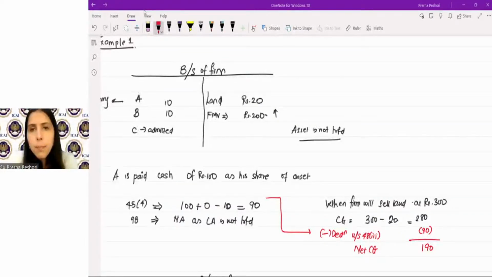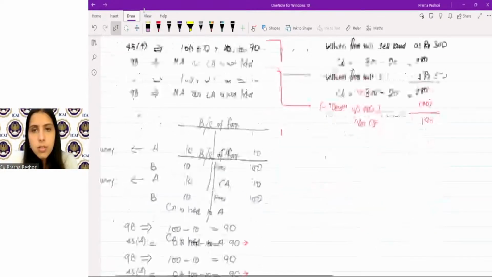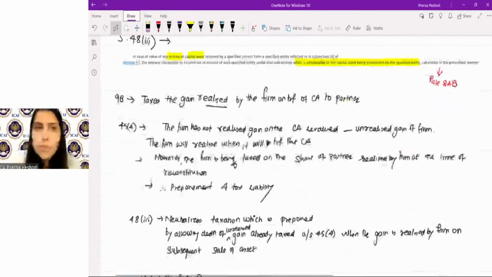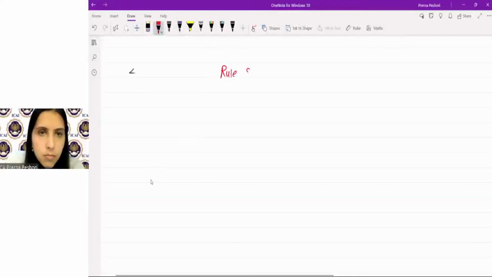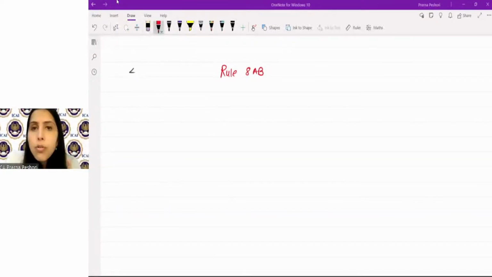So there are three parts to it. First part is the amount to be attributed. Second part is the amount not to be attributed. Correct? The amount to be attributed, the amount not to be attributed.